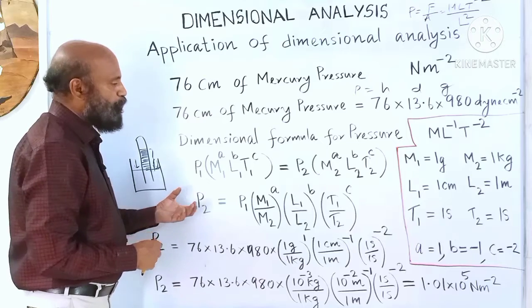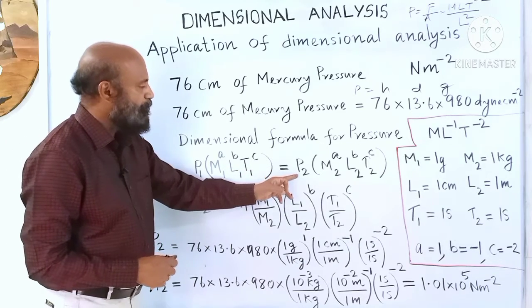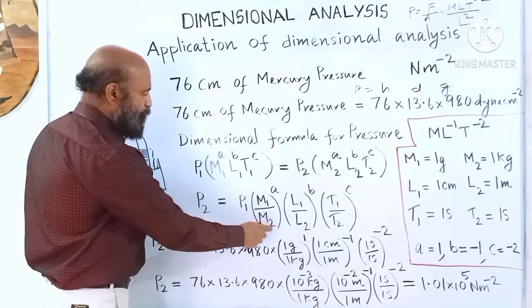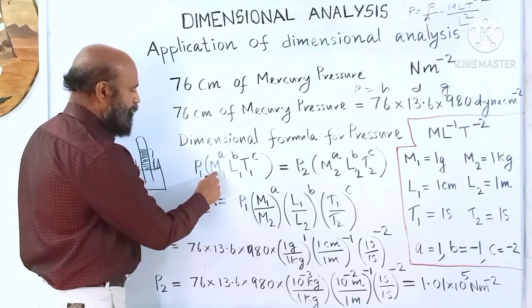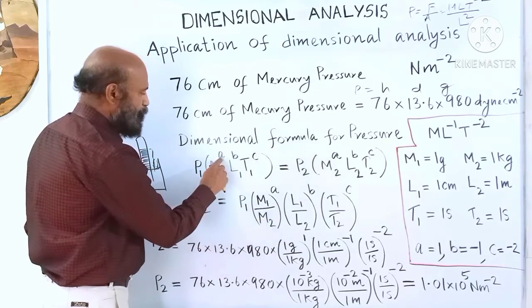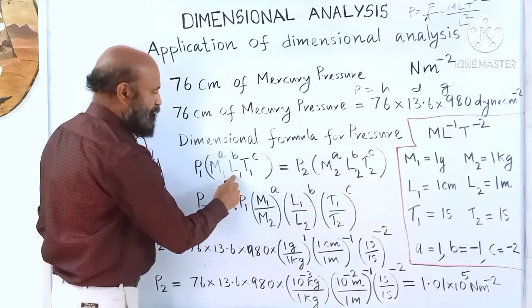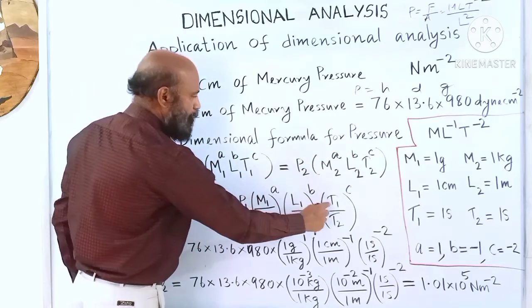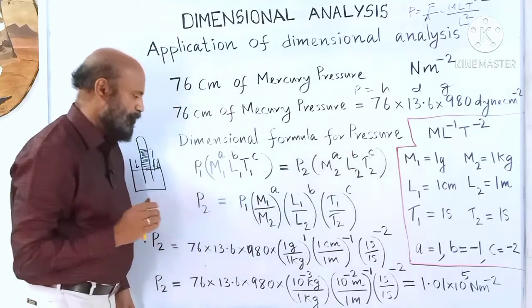Then our aim is to find the pressure in the second system, P2. If you rearrange this, you will get P2 equal to P1 times M1 by M2 raised to a, L1 by L2 raised to b, T1 by T2 raised to c.